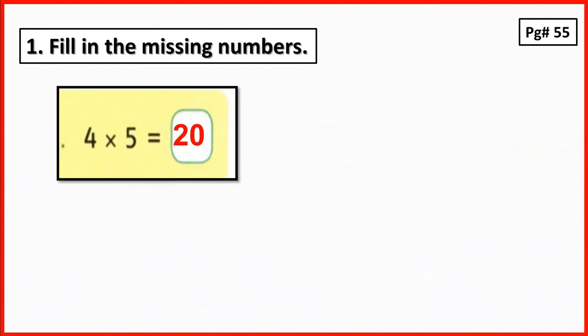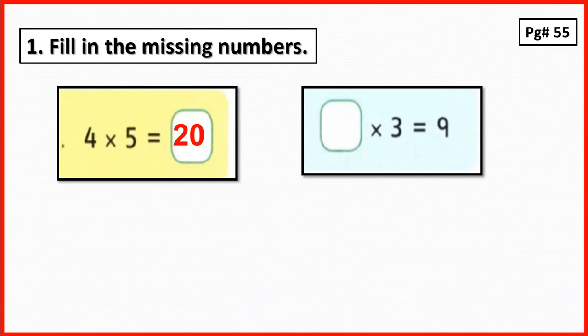Or we can say that 4 5s are 20. Let's do another part. How many times we have to multiply 3 that the number comes 9? Yes, 3 times. Or we can say that 3 3s are 9.